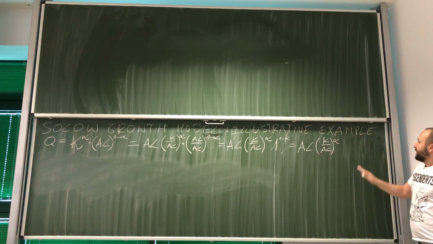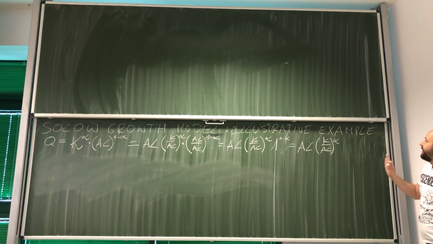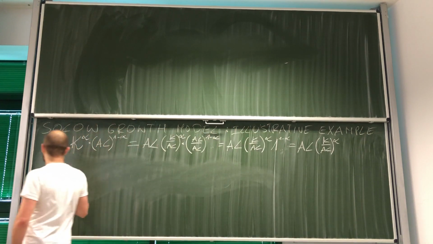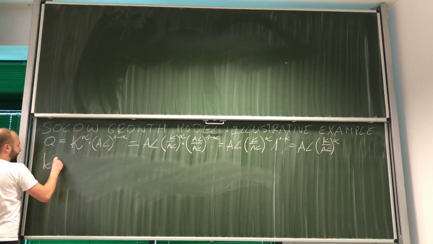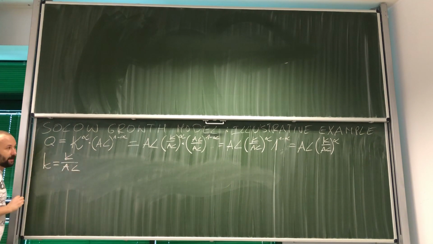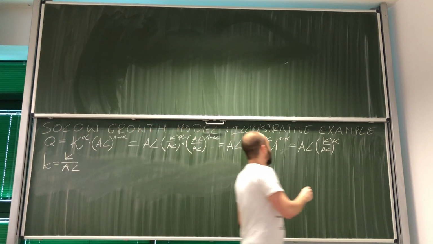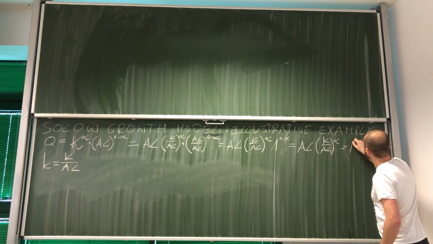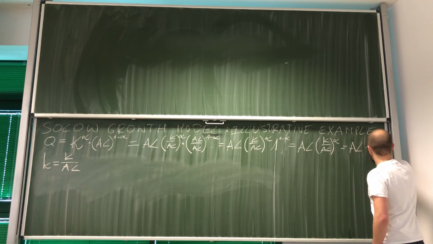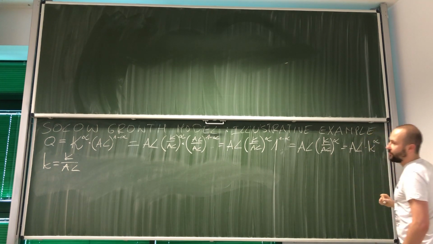Now let's define capital per effective worker just as we did before: lowercase k is equal to K over AL, and this is simply AL times k to the power of alpha.